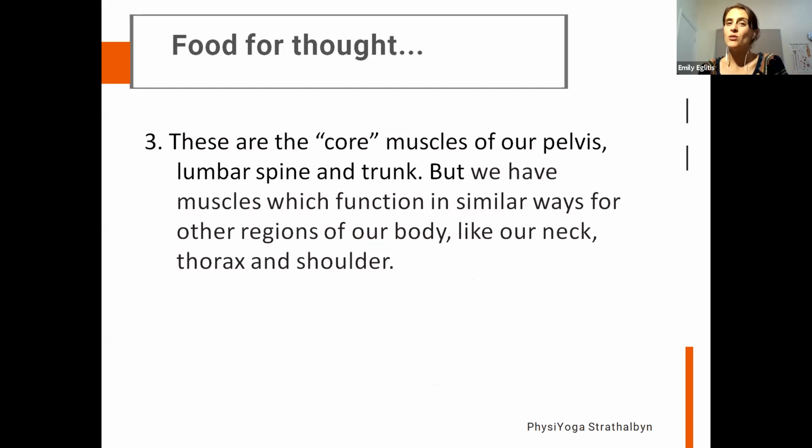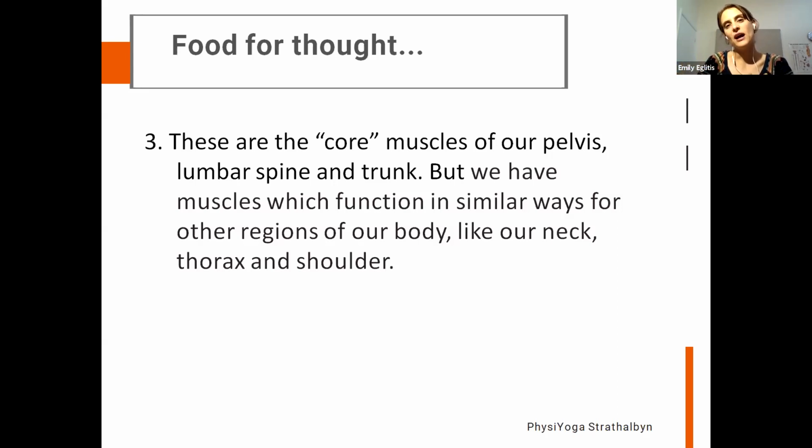So what we talked about today are the core muscles of our pelvis, lumbar spine and trunk. But we actually have muscles which function in a similar way for other regions of our body. So I like to say we have core muscles for our neck, which get affected in things like whiplash, but also in posture and other types of trauma. Like our shoulder, the core muscles of our shoulder would be our rotator cuff.